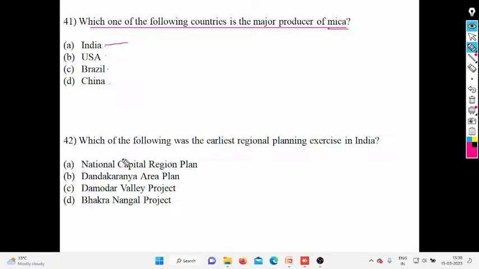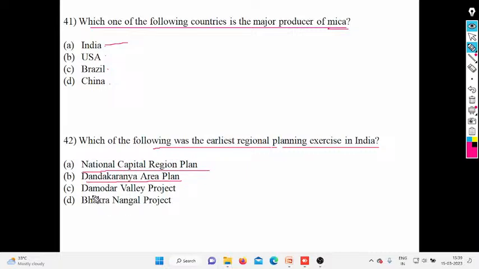Next question देखिए: which of the following was the earliest regional planning exercise in India? National Capital Region Plan, that is Delhi. Dandakaranya Area Plan.